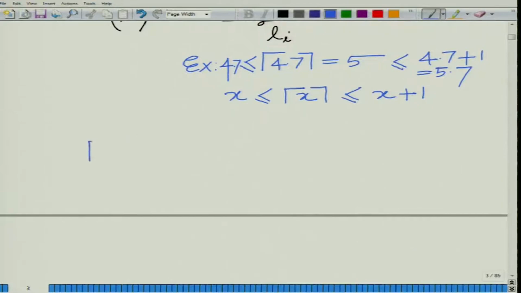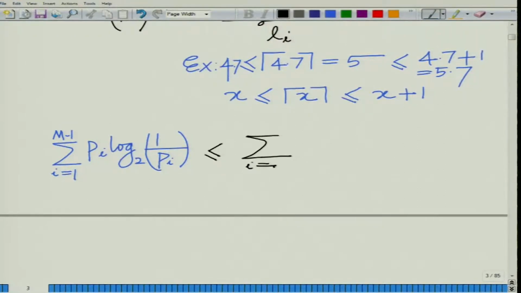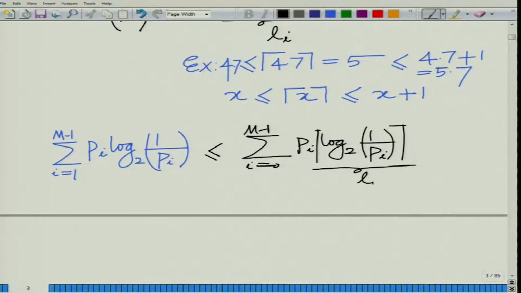Okay. Now using this, if I multiply all the three quantities by pi and take the sum, I will have summation of i equal to 0 to m minus 1 of pi log to the base 2 1 over pi, less than or equal to summation i equal to 0 to m minus 1 of pi times the ceiling of log to the base 2 1 over pi, which is nothing but Li.